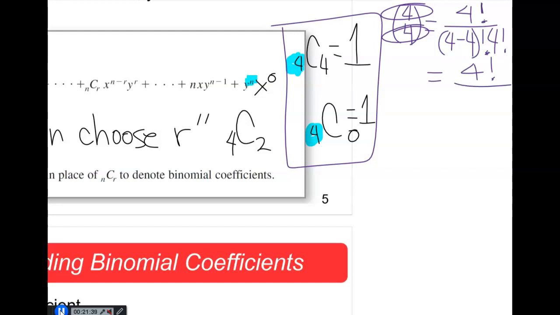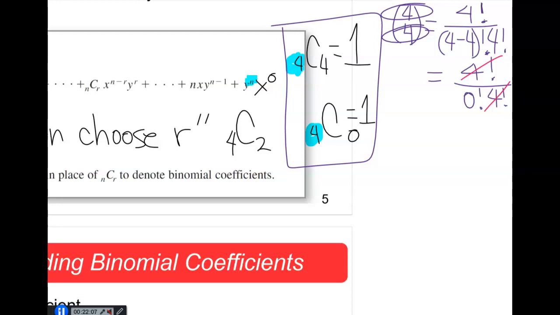So 4 minus 4 is 0, so we have 0 factorial times 4 factorial. Now you can see how 4 factorial divided by 4 factorial is going to cancel out because they equal 1. Even if you were to put it in the calculator and get the expansions, you will have 24 over 24. And even if you might be thinking that you can't have a 0 in the denominator, remember that by definition, 0 factorial is equal to 1.